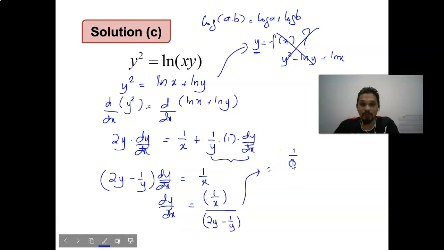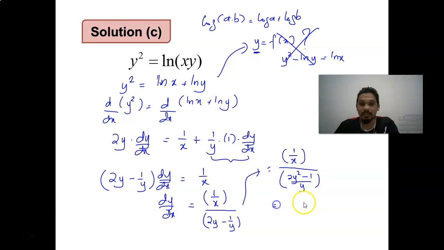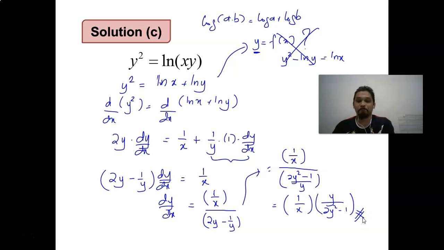It is 1 over x divided by, and for this one we simplify as 2y squared minus 1 divided by y. So it becomes 1 over x multiplied with y divided by 2y squared minus 1. There you go.